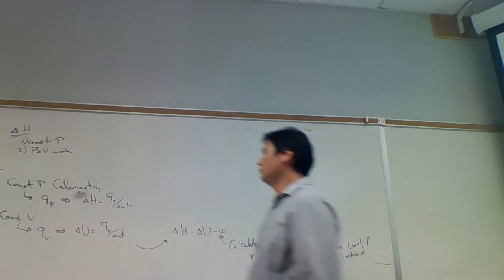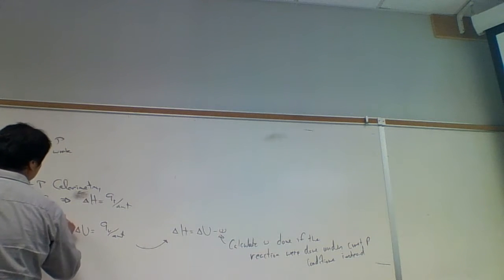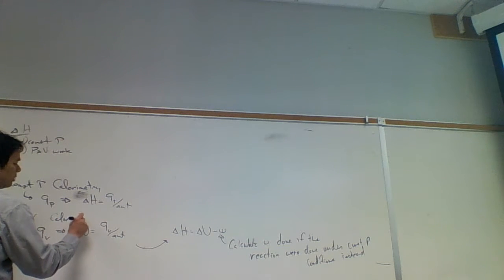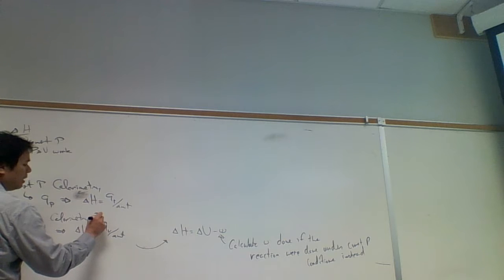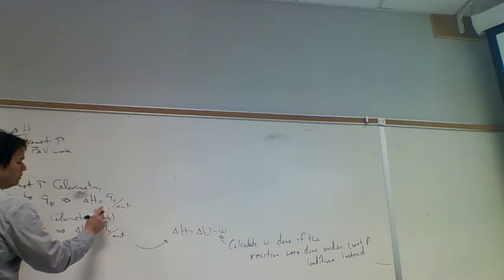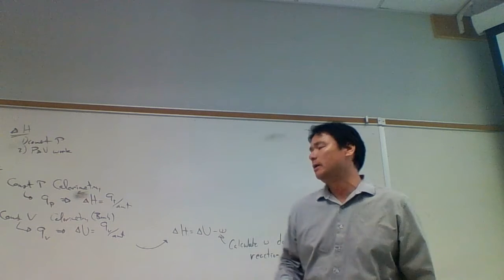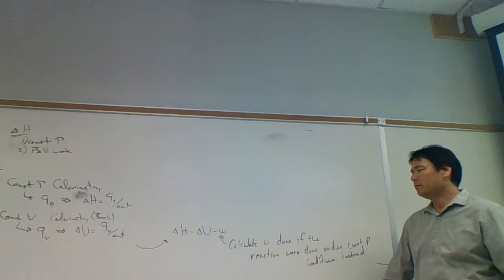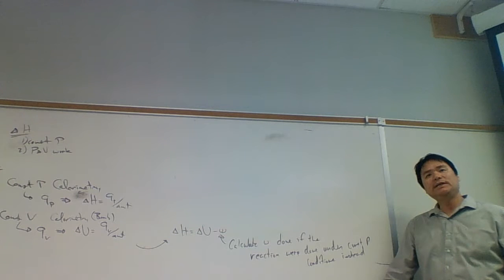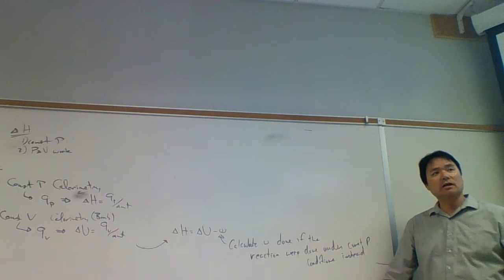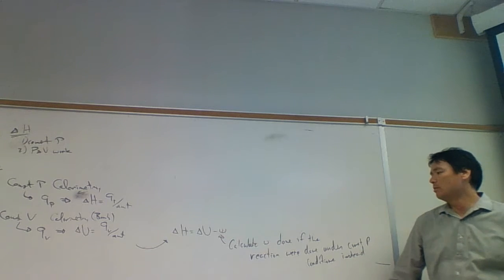This is what we call bomb calorimetry. And so there was no work done in the bomb. But what you do in order to figure out delta H is you have to take the reaction out of the bomb, and then on paper you figure out what would the volume have changed if you had done the reaction outside the bomb. And that's what we do here.